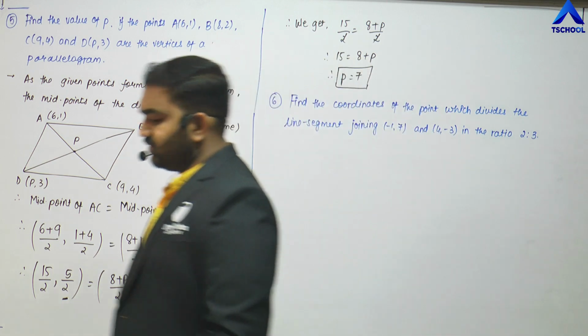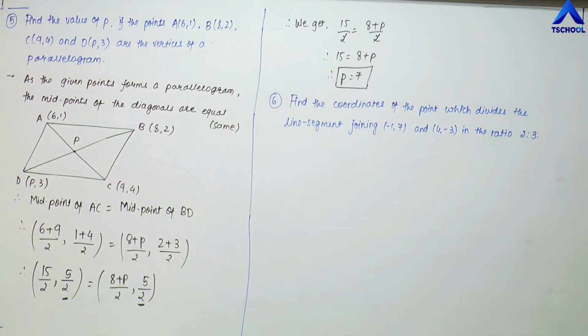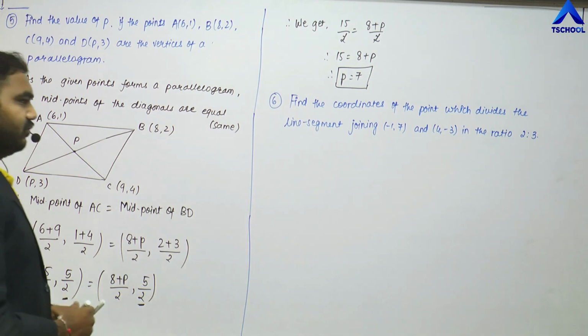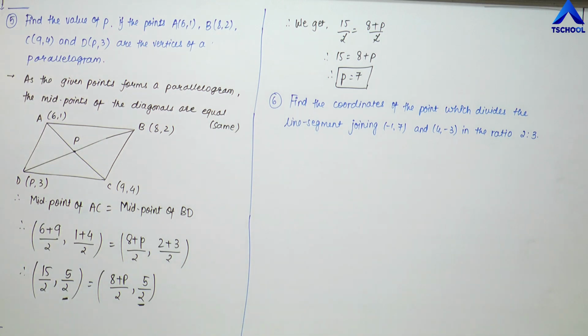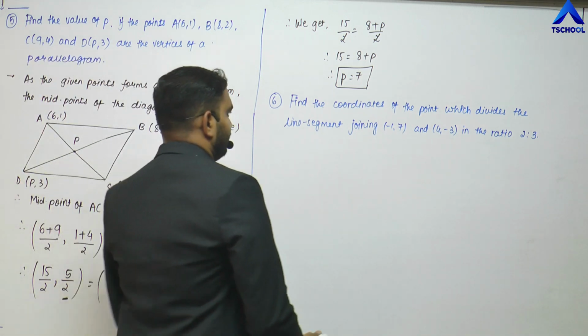So we have a question again: find the coordinates of the point dividing the line segment joining (-1, 7) and (4, -3) in the ratio 2:3. Let us find it using the section formula.